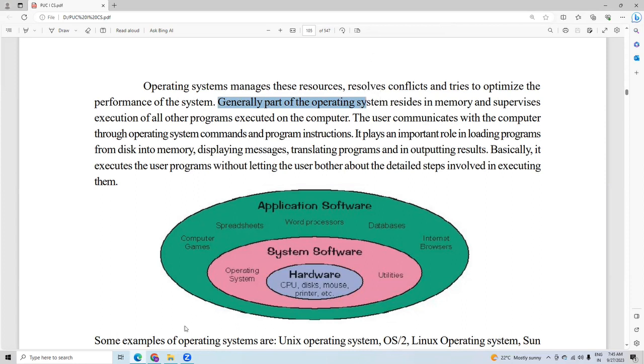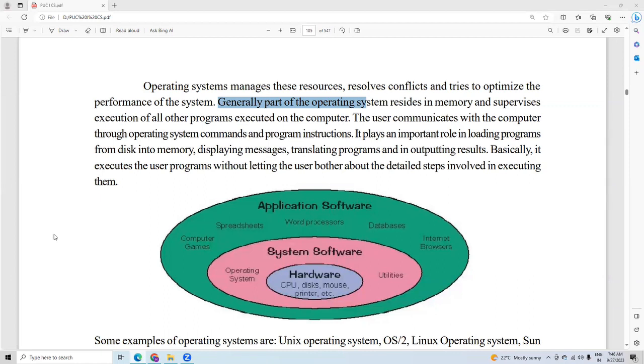Generally, part of the operating system, generally the OS will be in the memory and supervises execution of all the programs executed on the computer. The user communicates with the computer through OS commands and program instructions. See, for example, I want to start a paintbrush.